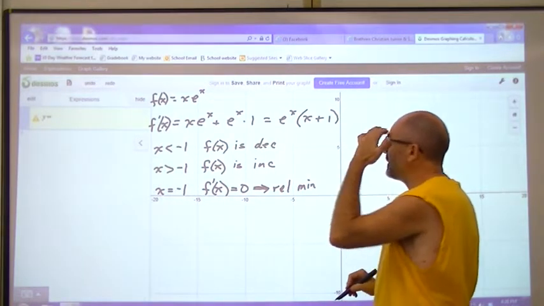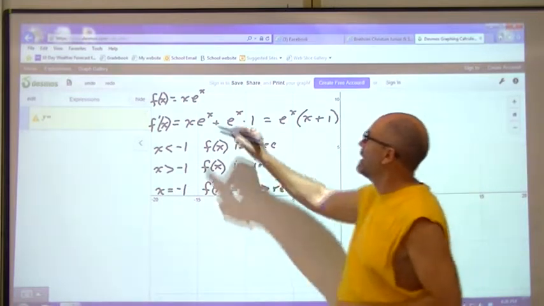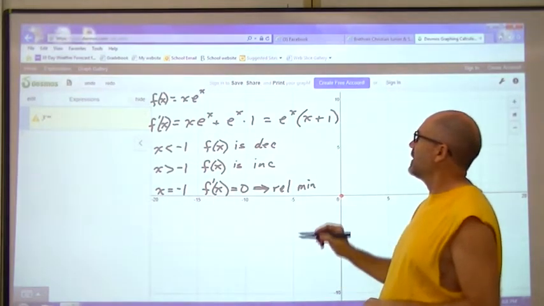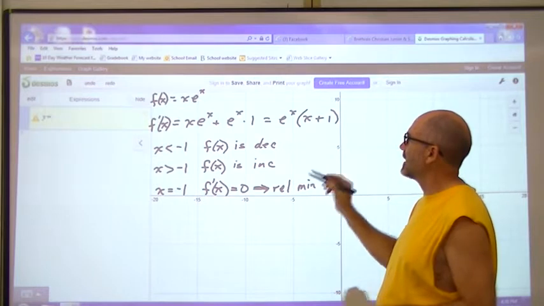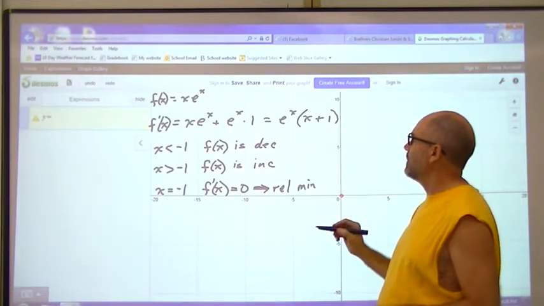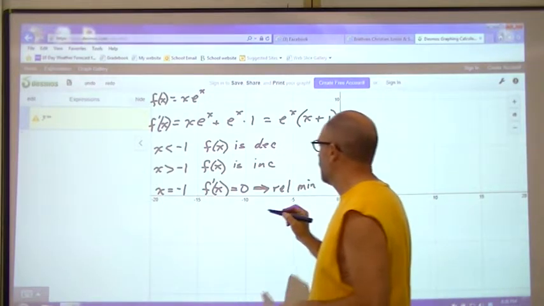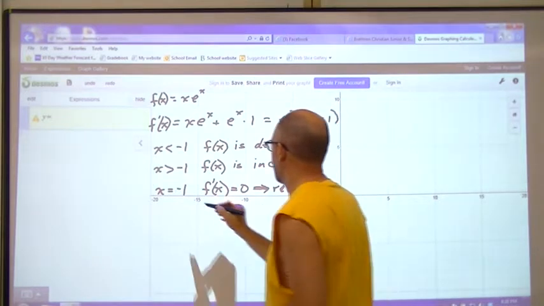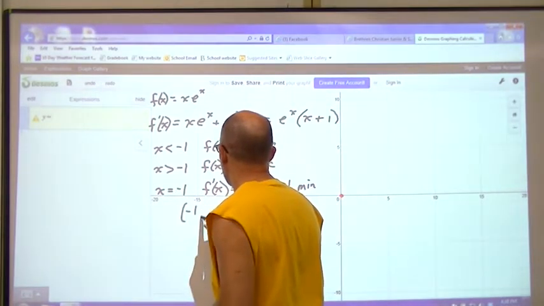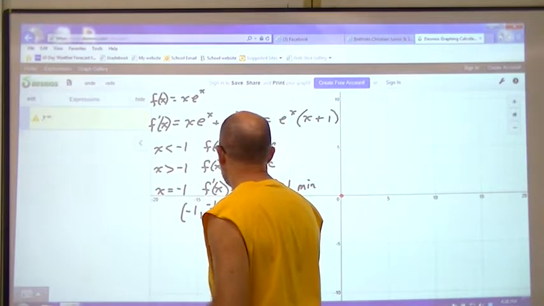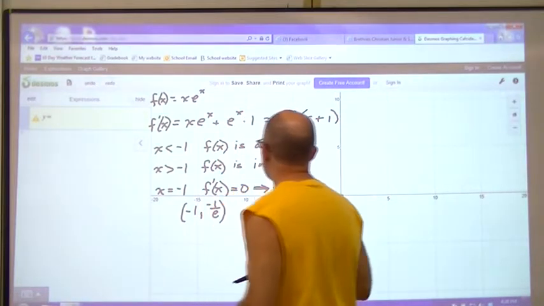All right, now what is the relative min? Well, I need to put in negative 1 here, and it becomes negative 1 times e to the negative 1. That would be negative 1 over e. So negative 1 over e is my relative min.